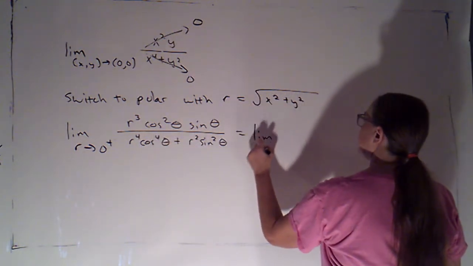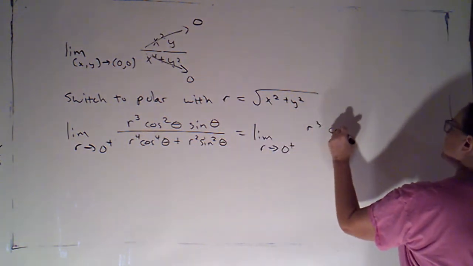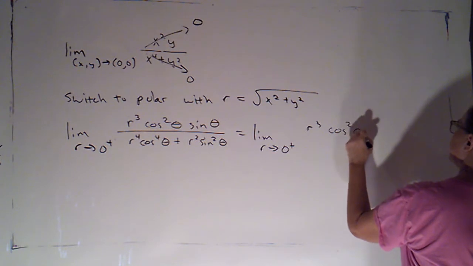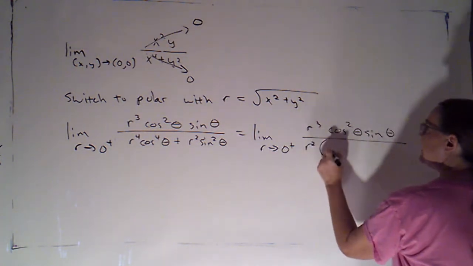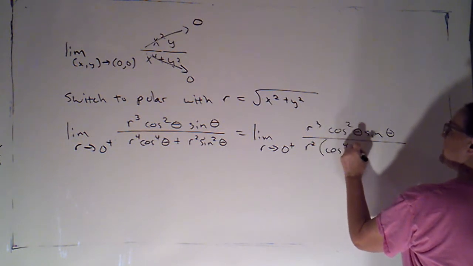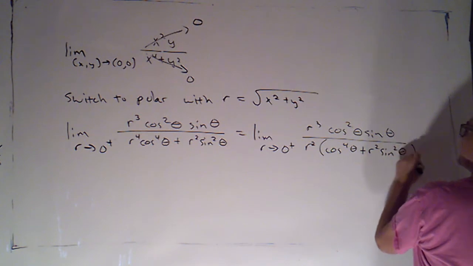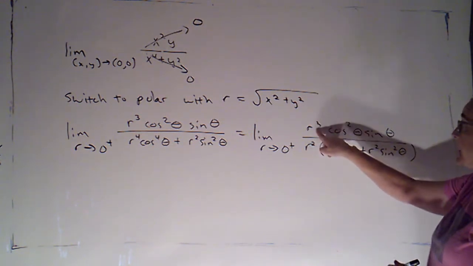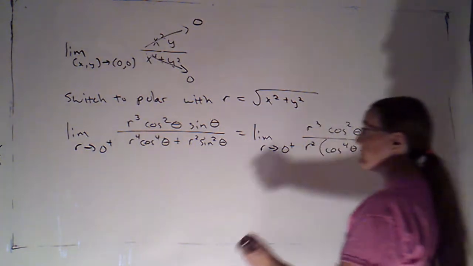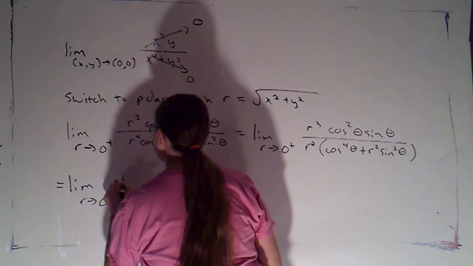So we'll have the limit as r goes to 0 from the positive side of r cubed cosine squared theta sine theta over r squared times cosine to the 4th theta plus r squared sine squared theta. So I can cancel 2 factors of r, and that does leave me with an r left over on top.